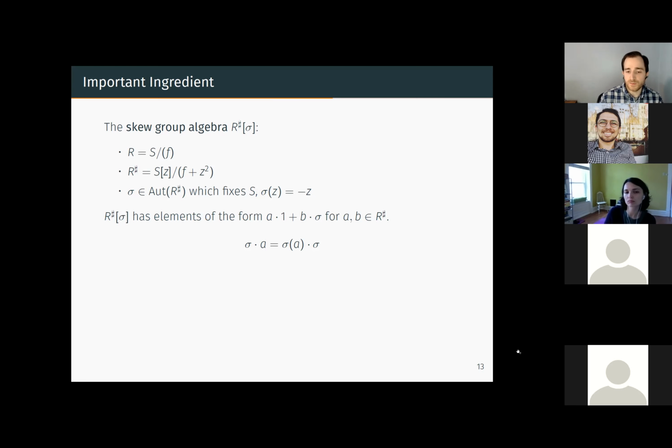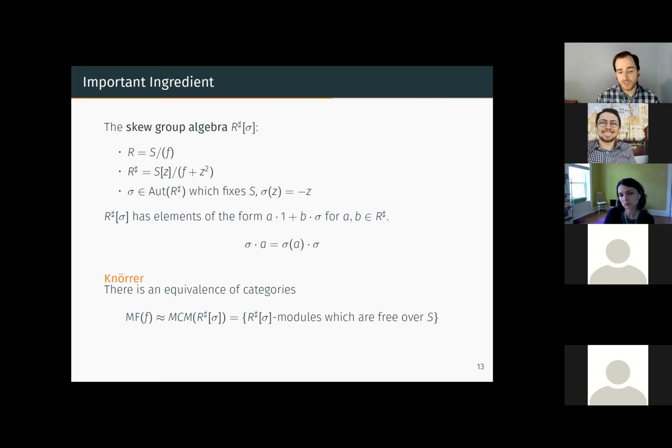So this is the non-commutative part of it, and it's going to affect Z in this way, give you a minus Z. And so what Knorr does is he gives an explicit equivalence of categories between matrix factorizations and MCM modules over this skew group algebra.